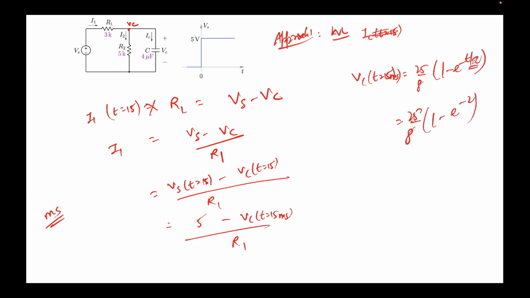We saw this value: t equal to 15 milliseconds, tau is 7.5. So let me calculate. 1 over e square is 0.135 into 25 by 8. This is coming out to be 0.423 volts. Put this here: 5 minus 0.423, and the value of R1 is 3K. So you will get 5 minus 0.423 divided by 3K. Just give me a second.